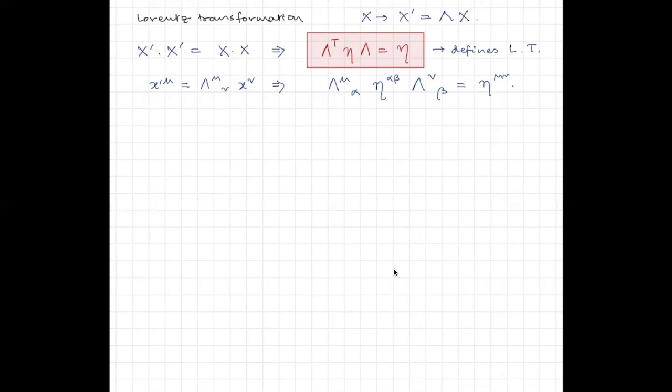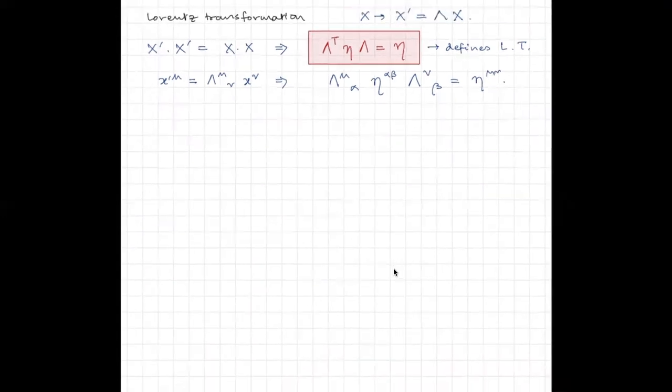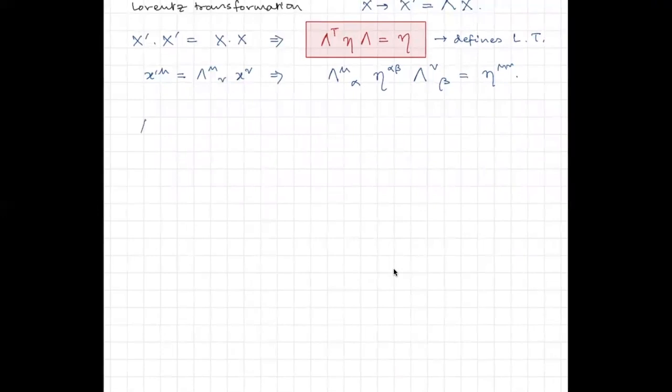So let's just try to understand it again. When you are trying to understand what Lorentz transformations are, let's just write this down. Lambda is a 4 cross 4 matrix, so this has 16 entries.